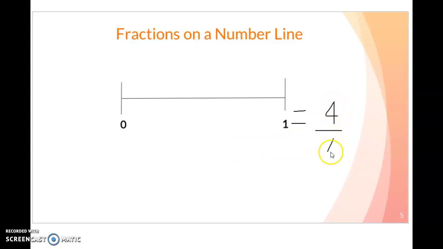Now remember that it's more efficient and easier for us if we locate the midpoint or the benchmark fraction on our number lines. So our midpoint on our number line is 1/2. Well, that's our halfway mark.